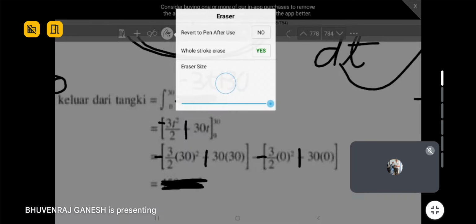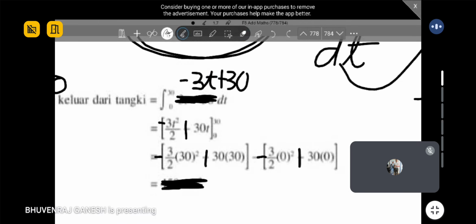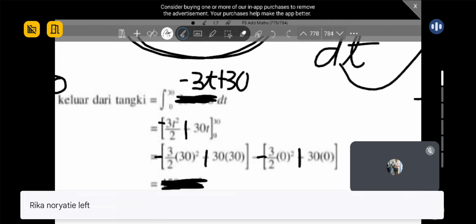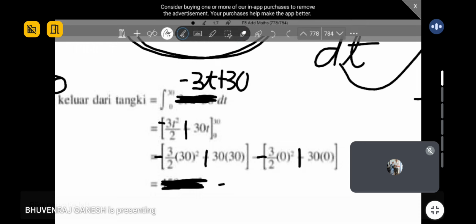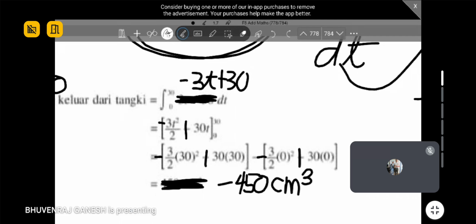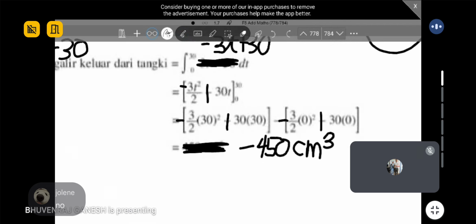Okay, I think now I understand why they never add the negative sign. If you count and see this equation, you're going to get a negative value. But guys, try to think. Untuk isi padu kan, boleh tak isi padu tu negative? Can we have negative volume, guys? Cannot.